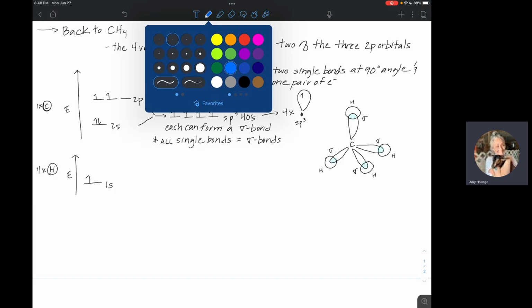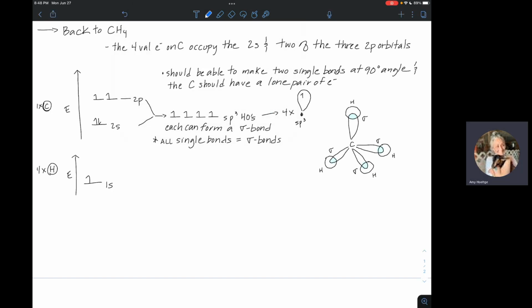So here we have 4 electron groups on my central atom. So my carbon has 4 electron groups. Remember, these groups can be bonding or non-bonding. So in other words, my hybrid orbitals can form sigma bonds, right? And they can also hang on to lone pairs.